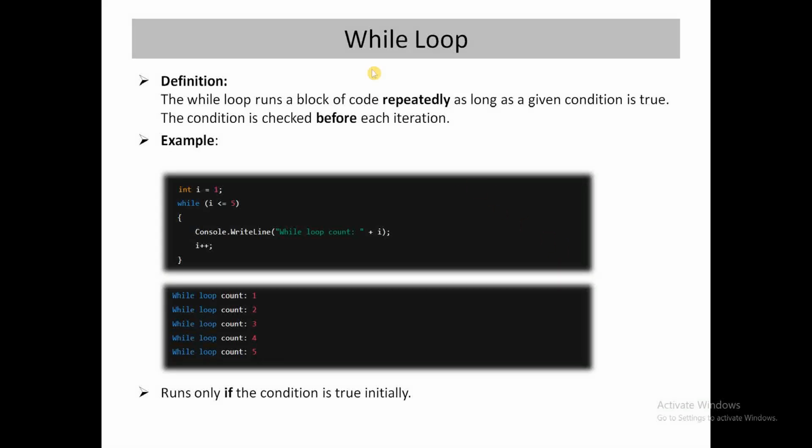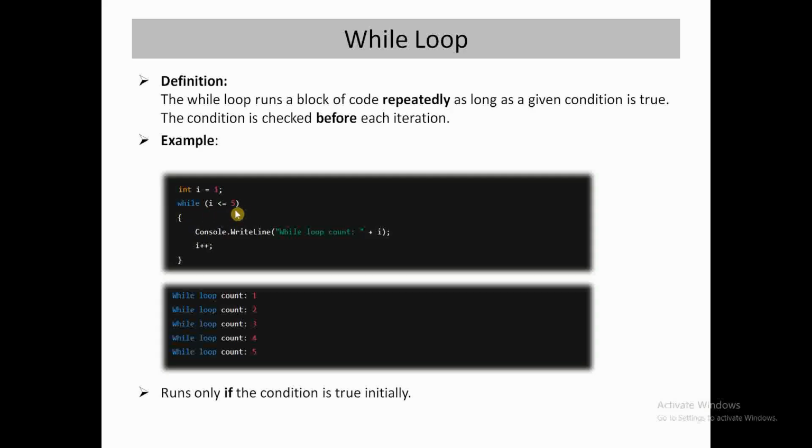The first loop we have is the while loop. The while loop runs a block of code repeatedly as long as a given condition is true. The condition is checked before each iteration. So this is the behavior of a while loop: first it checks the condition. Suppose we have an example like int i = 1. This is the counter variable. First we set the value, and second we set the condition in the while loop.